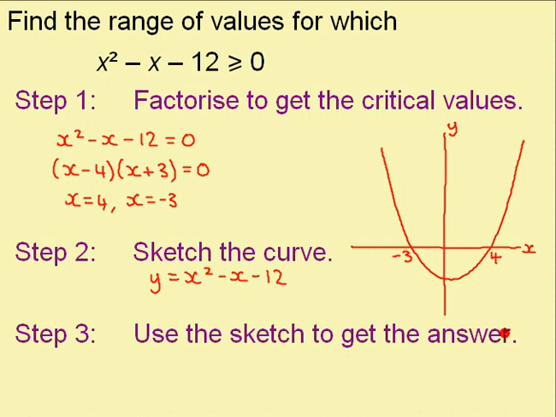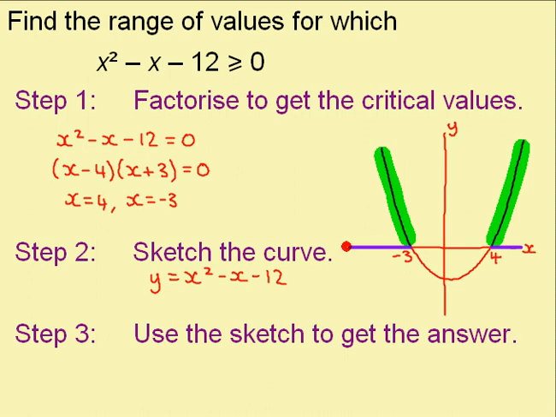It's at step 3 where things start to change. I now want the portion of the graph that's greater than or equal to 0. So that's the parts that are above the x-axis. So that's here and here. The values of x will be this section here and this section here. Now when I write my final answer, I need to be a little bit more careful.